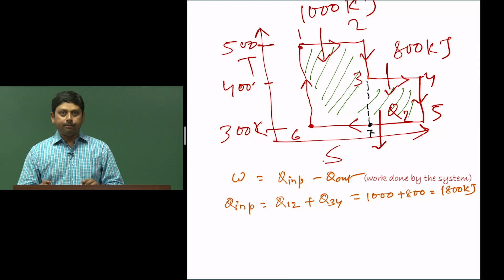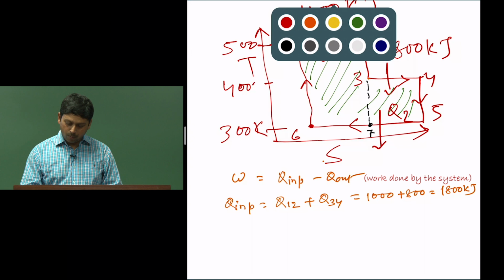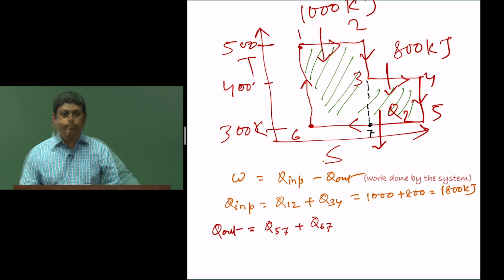So, you see the entropy change between 5 and 7. Let us write first the formula. Q out is equal to Q 5 7 plus Q 7 6. Not 6 7, it should be 7 6.